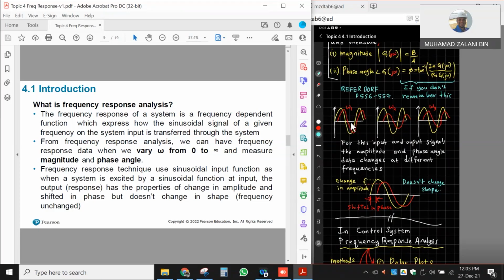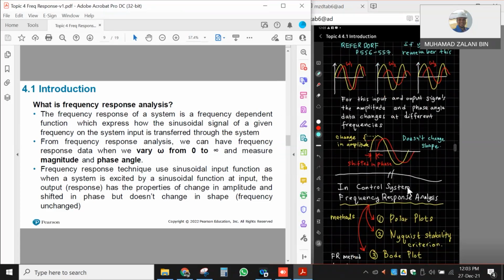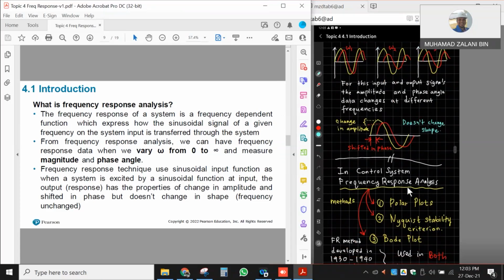So how about if we change omega from 0 to infinity? That is what we are going to observe: the change of magnitude and the change of phase angle of the system when we vary omega from 0 to infinity. How do we represent that? Basically, we use the boat plot.